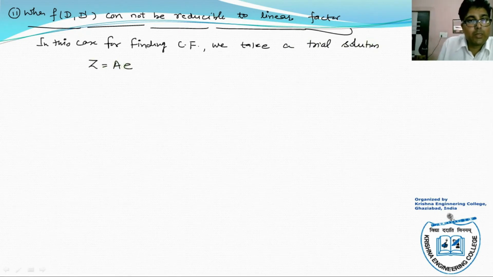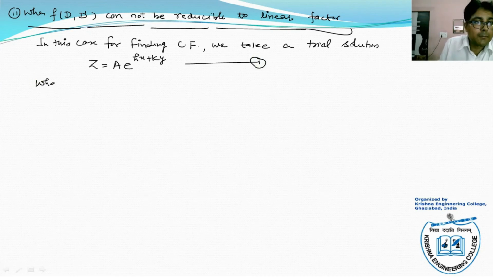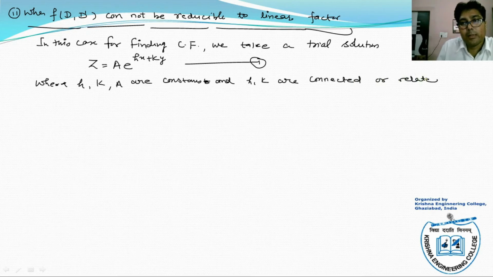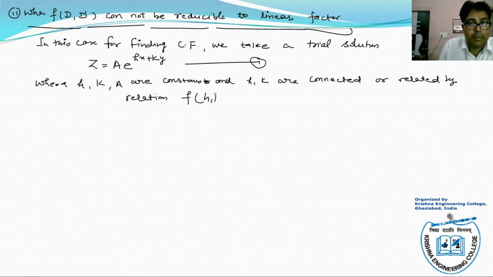z is equal to A e to the power hx plus ky, where h, k and A are constants, and h, k are connected or related by the relation f of h, k is equal to 0.